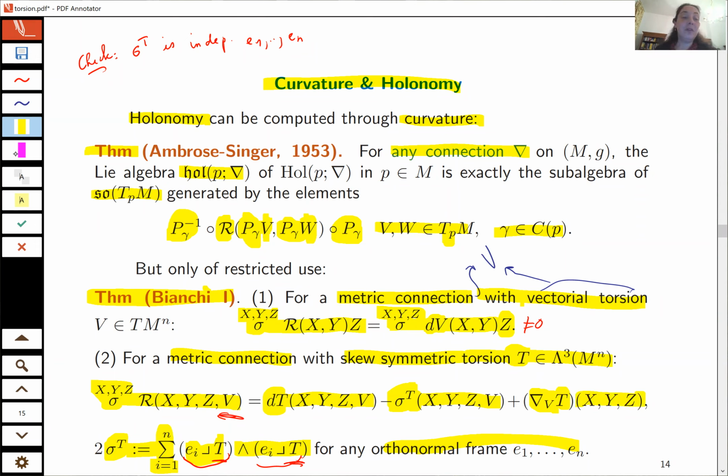Okay, this gives you a first impression about how working with connections with torsion can turn out. For example, this implies that from an algebraic point of view, the space of curvature tensors looks very different from what it is in the Riemannian situation.